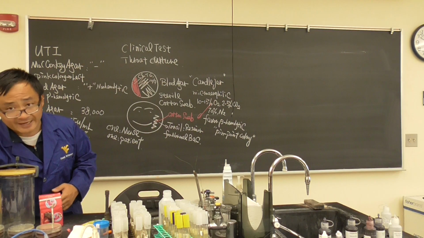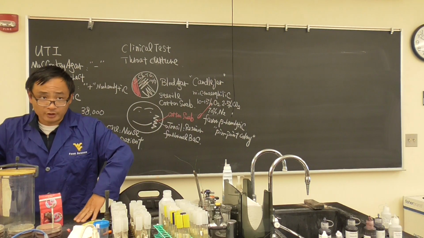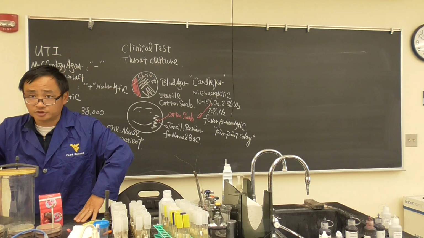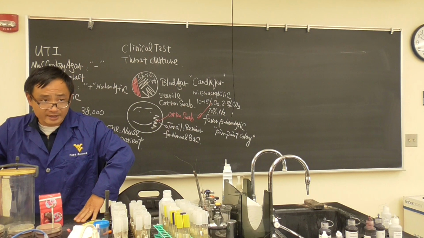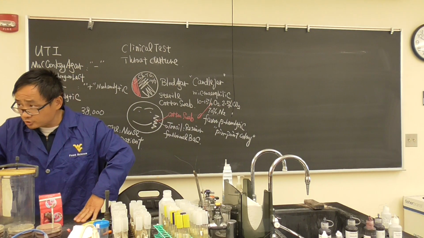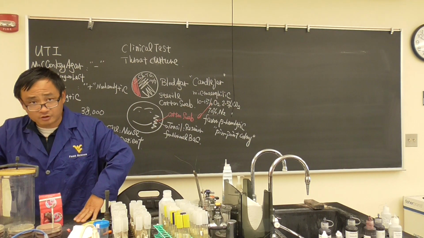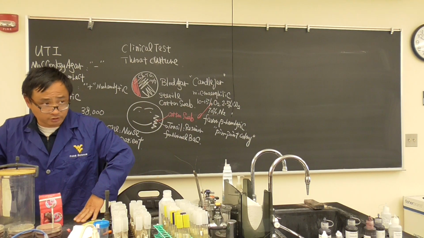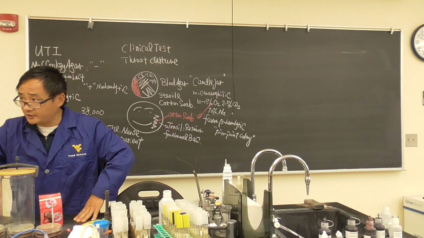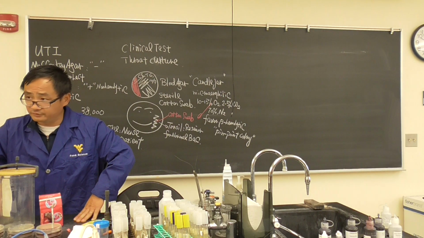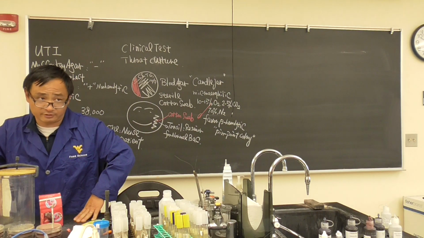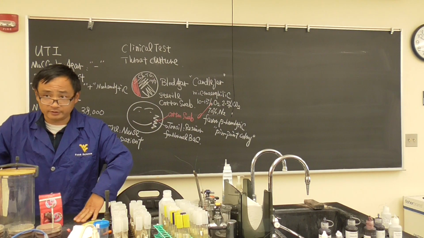Thursday we will do a catalase test to identify whether there is possibly Staphylococcus aureus or Streptococcus, and then we also do the Gram stain to see the morphology, Gram reaction, what it looks like. I'll tell you, it's very interesting. Some of you find Staphylococcus aureus in your throat culture. Lots of you find Streptococcus, and some of you even find Corynebacterium diphtheriae. So we'll talk about that on Thursday.